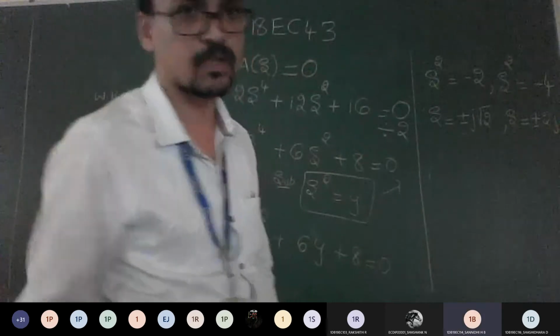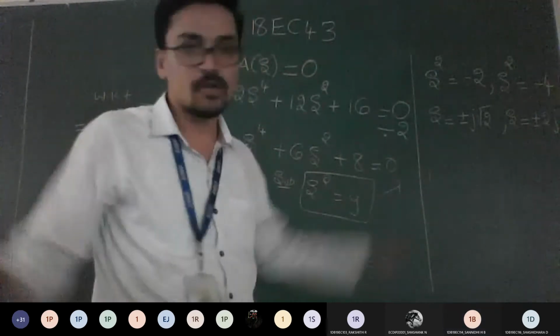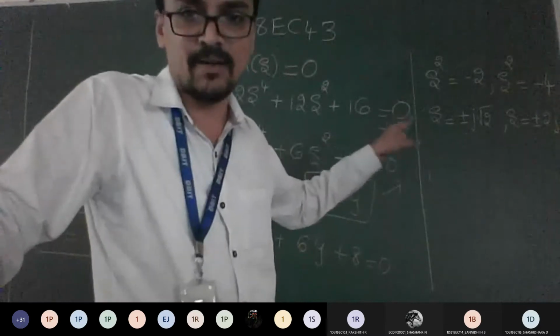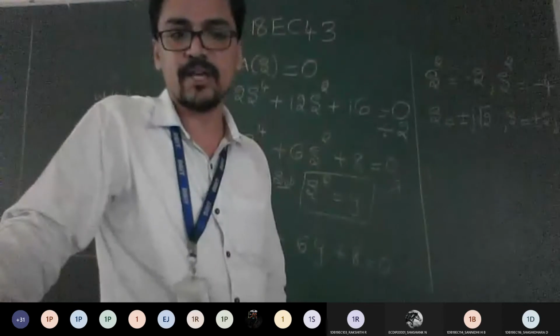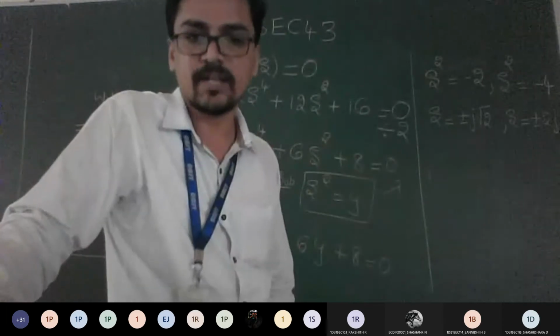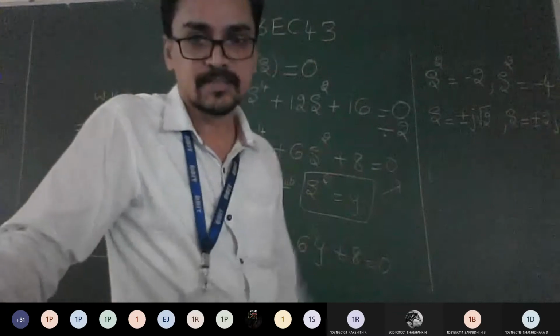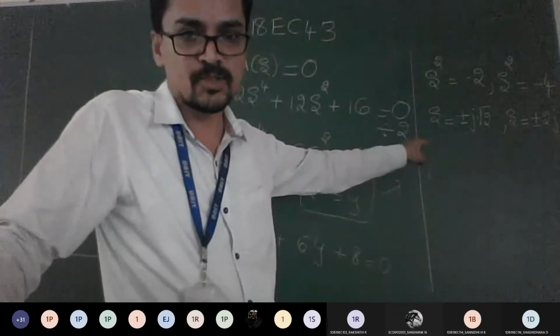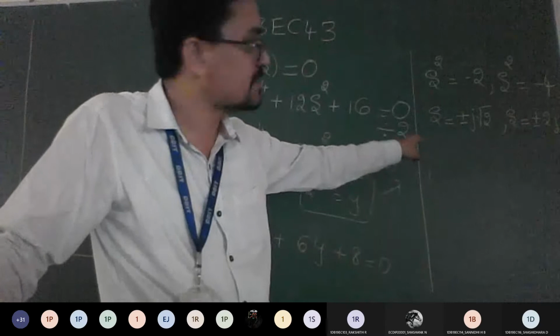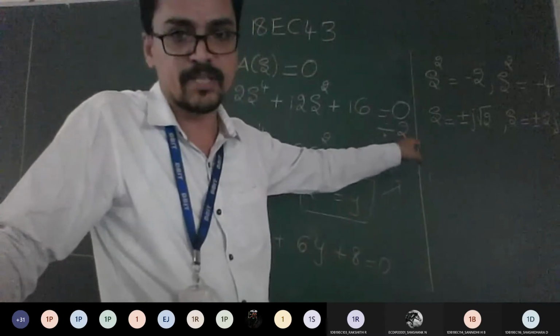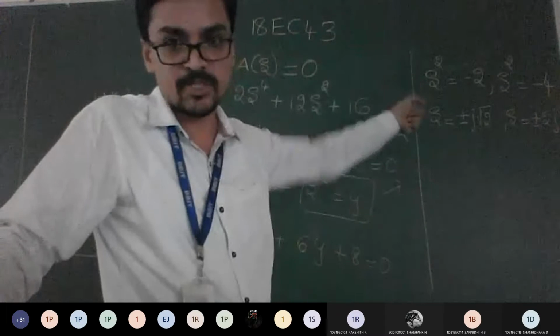Okay, now listen carefully. On what basis will you judge this is called marginally stable? See, the condition for marginally stable was what, guys? There should be non-repeated roots on the imaginary axis. Is it non-repeated roots on the imaginary axis? One is plus 2j, one is minus 2j. Plus 2j comes above, minus 2j comes below.